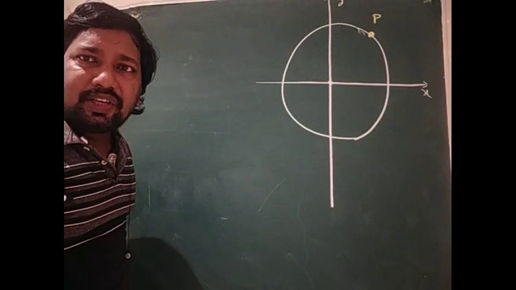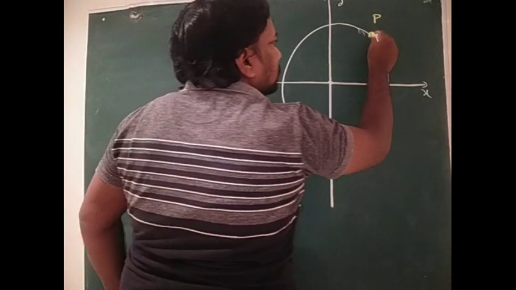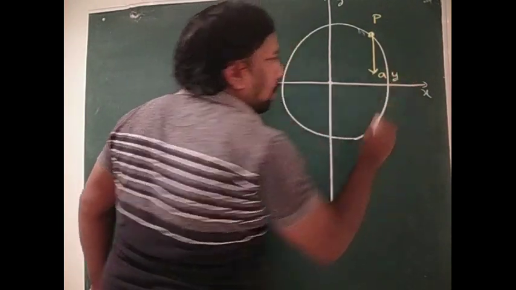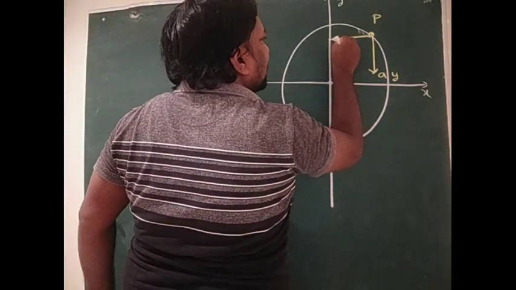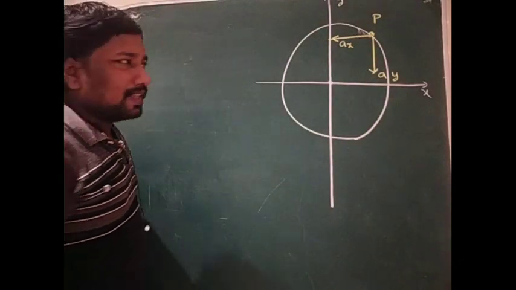Here, the centripetal acceleration at point P is resolved into two components: Ay along the y-axis and Ax along the negative x-axis.